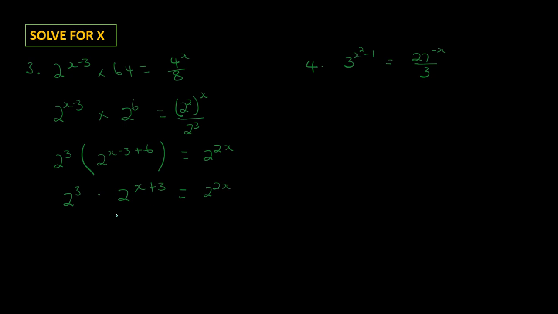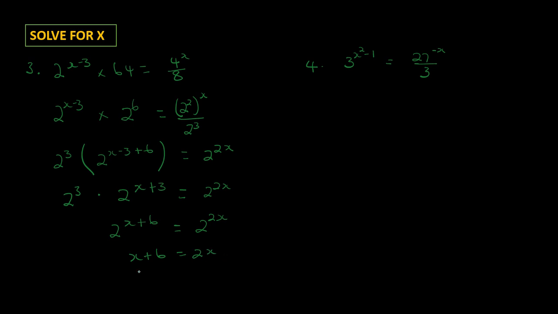We can simplify further by adding exponents here, because the bases are the same, they're both 2, and we see that this is 2 to the exponent x plus 6, and it's equal to 2 to the exponent of 2x. Now we have returned to the form that we had previously, when we know that we can say x plus 6 is equal to 2x.